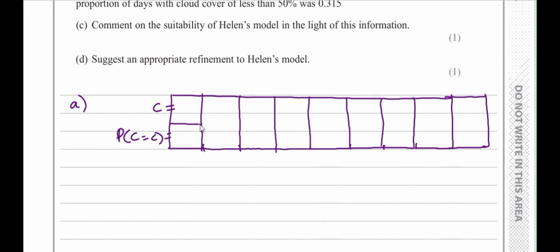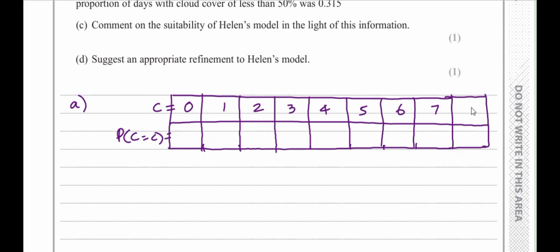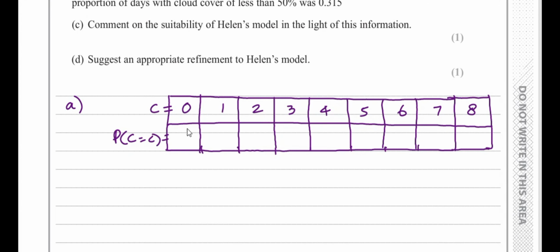Let us put the column heads. So this is going to be 0, 1, 2, 3, 4, 5, 6, 7, and 8. There are 9 outcomes here, and each of these outcomes has the same probability.